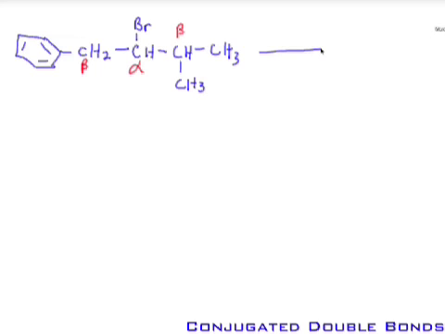If we do this, and again I use a powerful base and heat to indicate E2 elimination, we can get anti elimination, the way I've drawn it. We'll get two possible alkenes. If the beta carbon on the left is deprotonated, we will get this molecule forming.